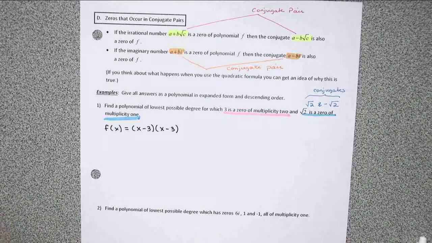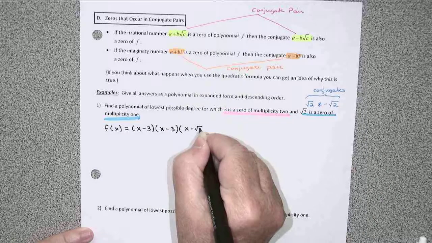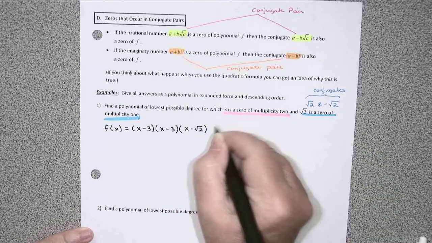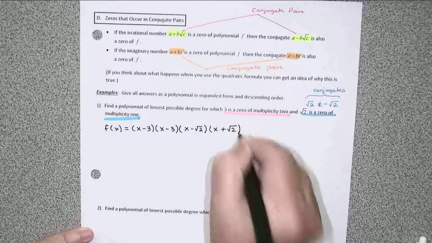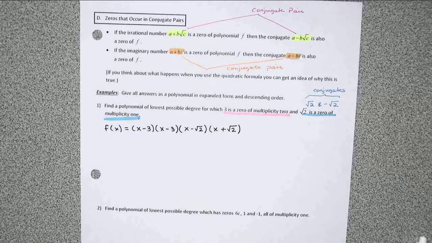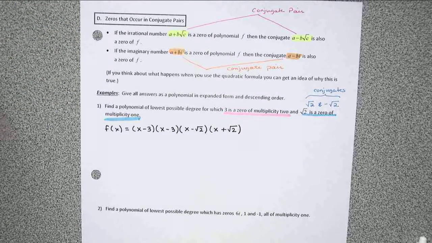And therefore, I will have x minus the square root of 2 as a factor, and also x minus a negative, or plus the square root of 2, as a factor. Now that doesn't look like my usual factored form. We don't usually factor with square roots, but we're going to multiply it out, so we'll see if we can get rid of some of that.